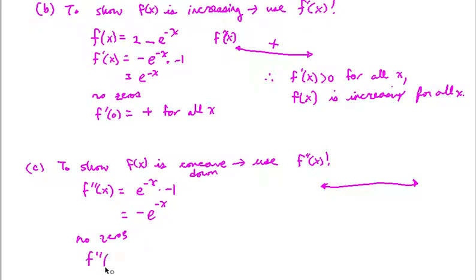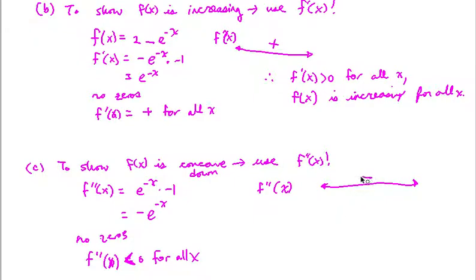And f double prime of x is going to be less than 0 for all x, right? Because any number I put in, the exponential part becomes positive, and then I have the negative multiplied to it, so on the whole interval, f double prime of x is going to be negative.